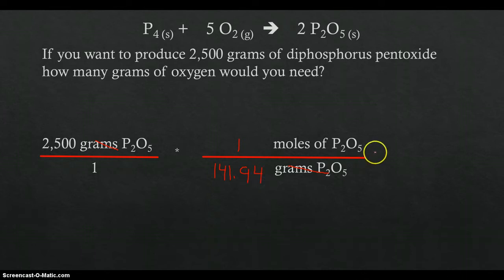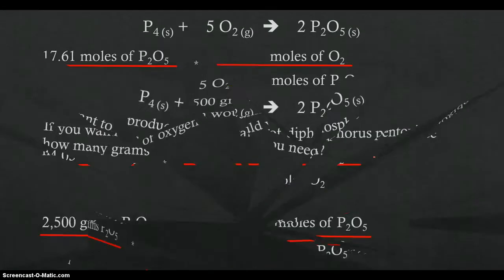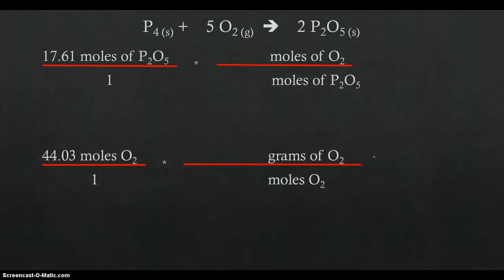And so we write that in, and then if we did our math there, we'd end up finding out that this ends up equaling 17.61. And so we have 17.61, and again, remember to leave the full number on your calculator there. And that's moles of diphosphorus pentoxide.